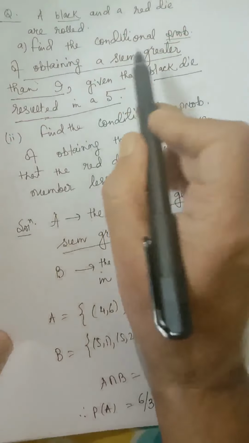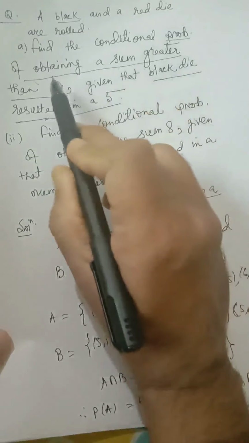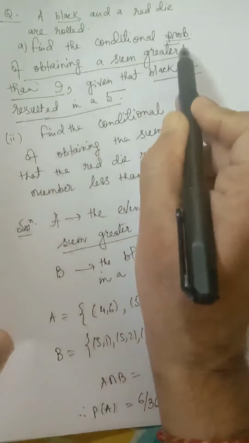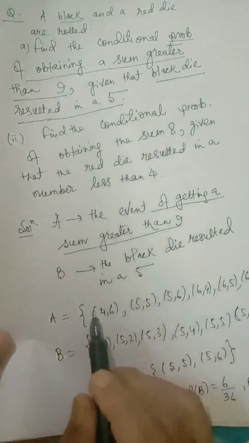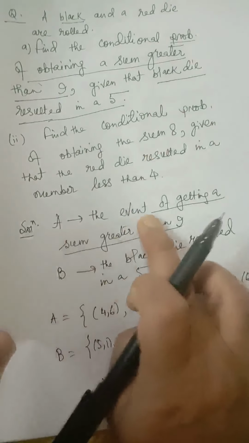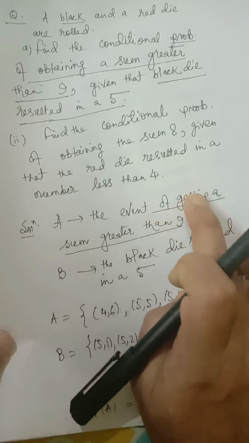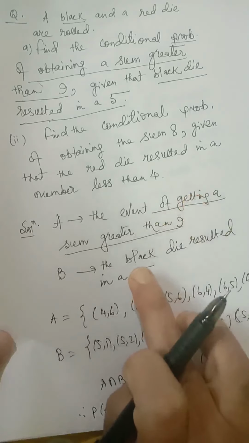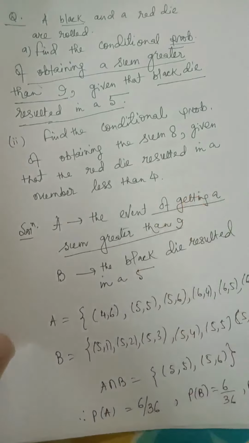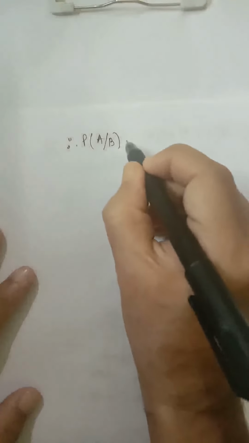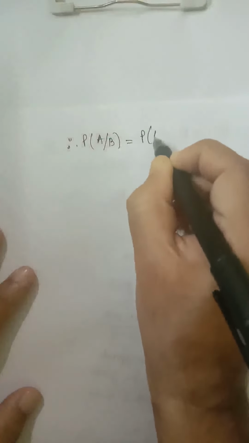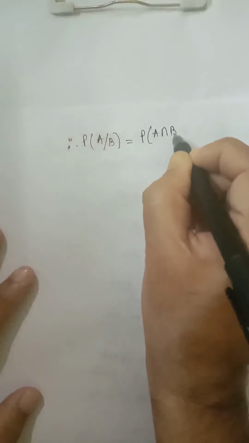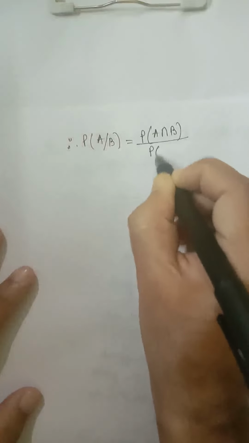Think in this way. We have to find the probability of this event, obtaining a sum greater than 9. So A will come in the numerator because we have to find its probability, and given that this is the given condition, B will come in the denominator. Therefore P(A given B) equals P(A intersection B) by P(B).